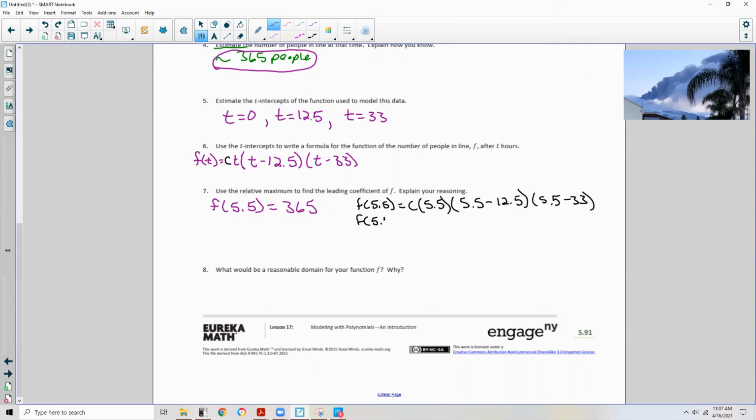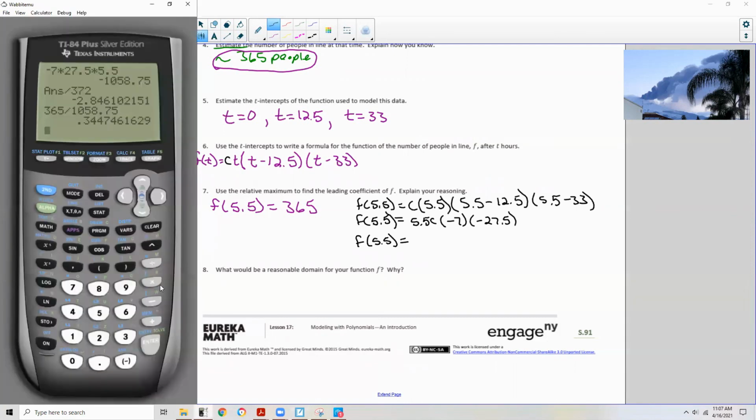So f of 5.5 is going to equal 5.5c times, and 5.5 minus 12.5 is negative 7. And 5.5 minus 33 is negative 27.5. So then when I take 5.5 and multiply all these values out, I'm going to get 5.5 times negative 7 times negative 27.5.